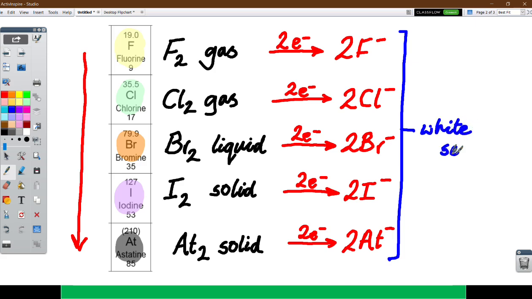For instance, lead iodide is a very vivid yellow color, but that's an exception. Most of these, when they join up with the counter ion, a positive ion, will form white crystalline solids. They lose the color that they had in their elemental states. And likewise, if those solids are dissolved in water, they form colorless solutions.